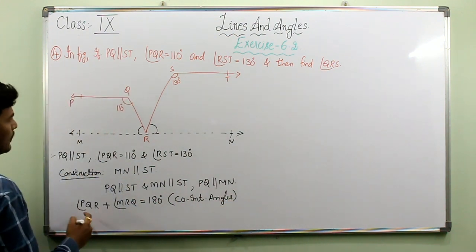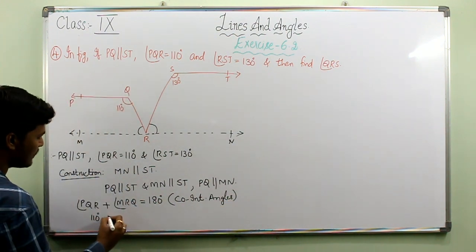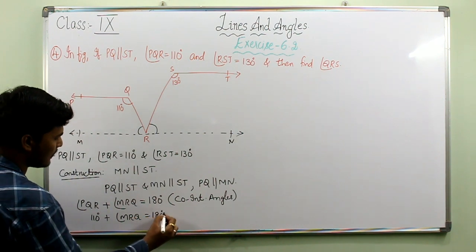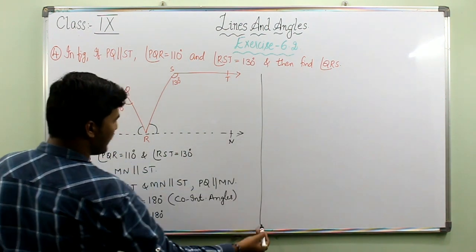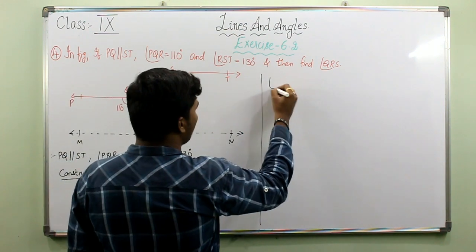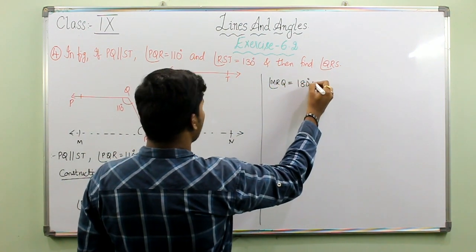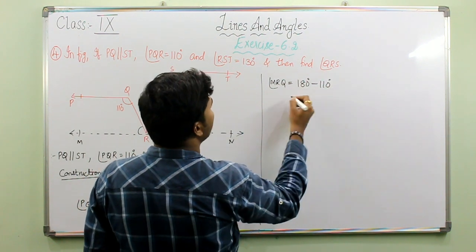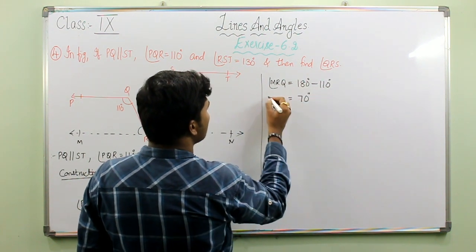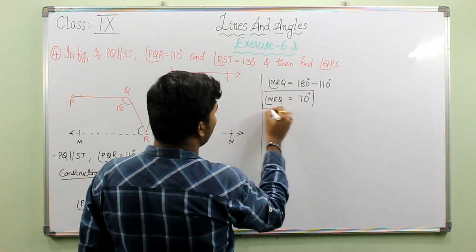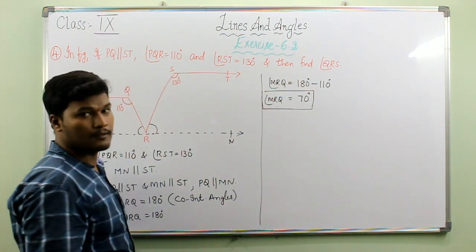In that I have the Q value as 110 degrees plus MRQ is equal to 180 degrees. From that I will get MRQ as 180 minus 110 degrees, which is equal to 70 degrees. So I got angle MRQ as 70 degrees.